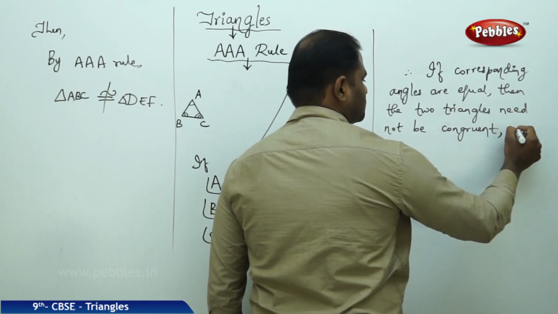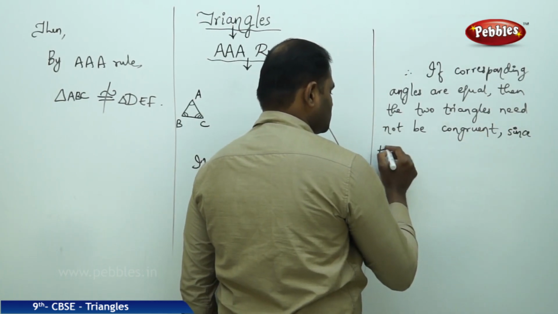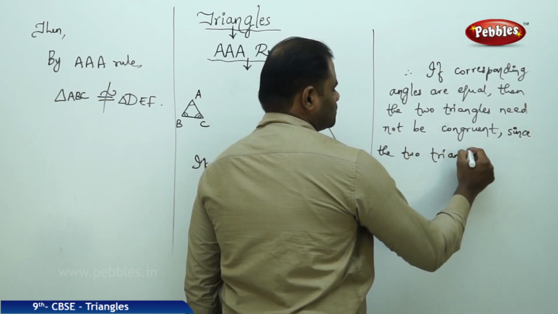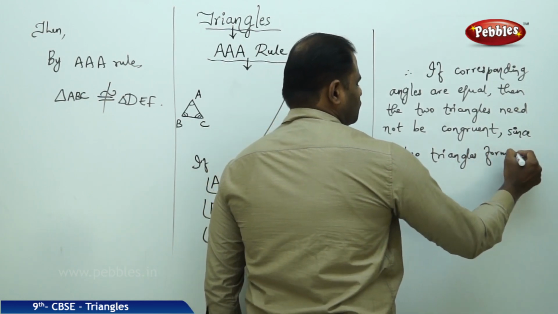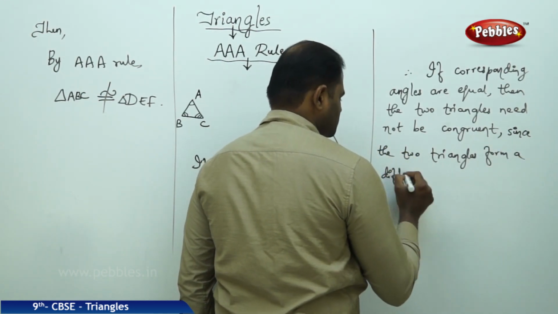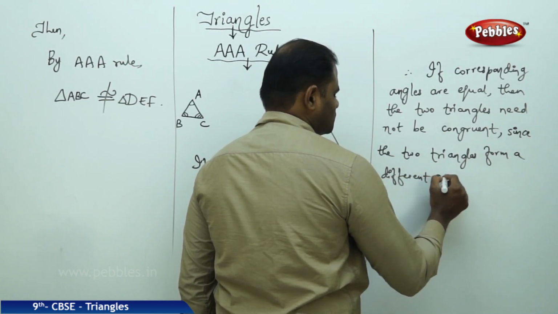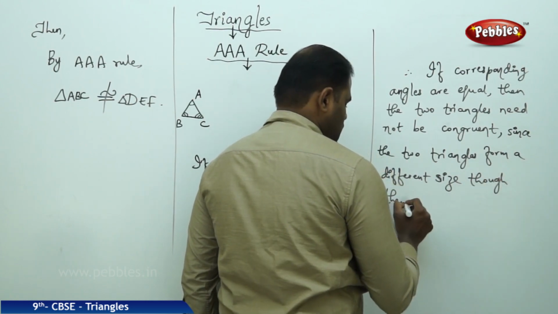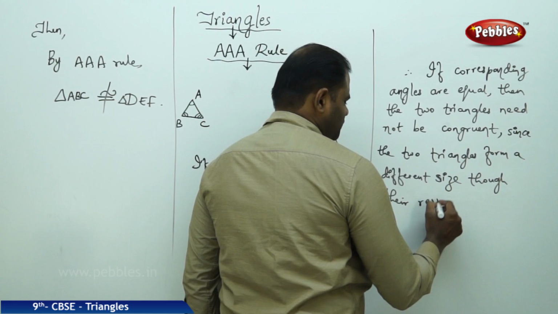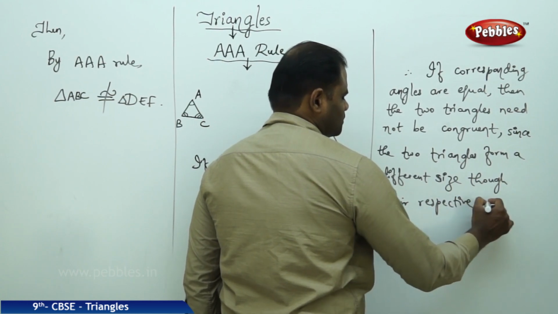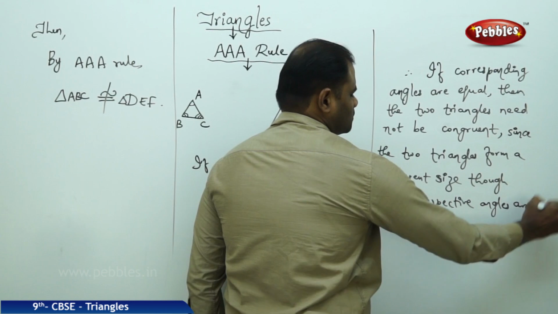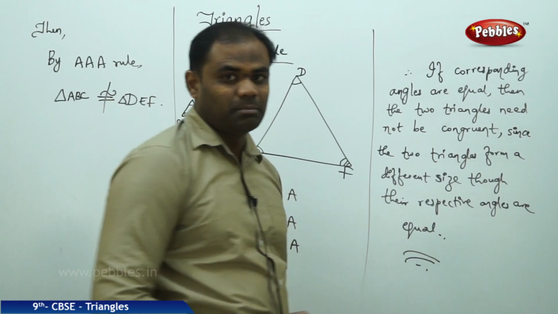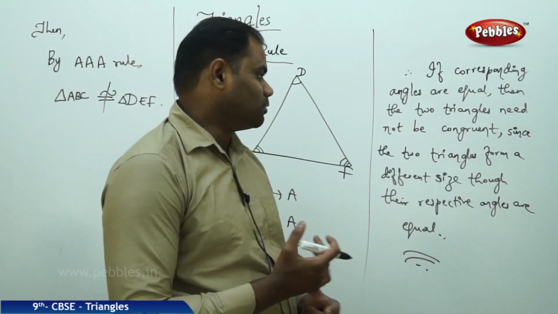Since the two triangles form a different size, though their respective angles are equal, this is one of the biggest mathematical properties which should be noted.